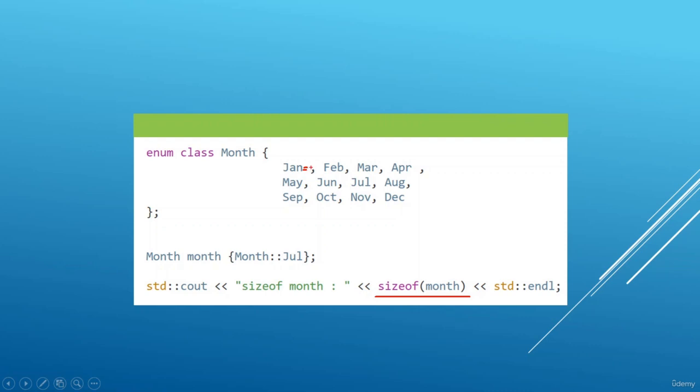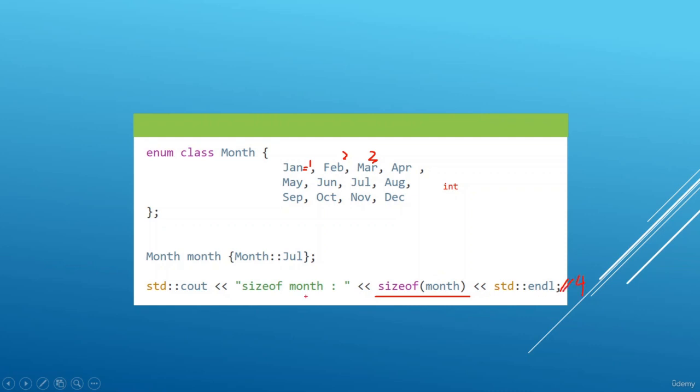For example, you have seen that we can say Jan equals 1, Feb equals 2, March equals 3, and things like that. Well, the default type to represent these is int. And if we print the size of month here, we're going to see the size of int printed out, and we're going to see a 4 on the terminal.